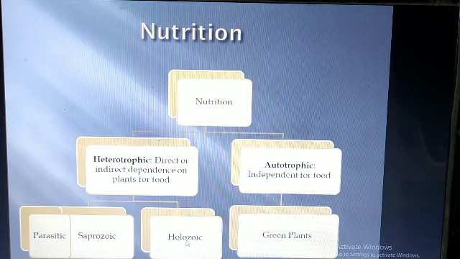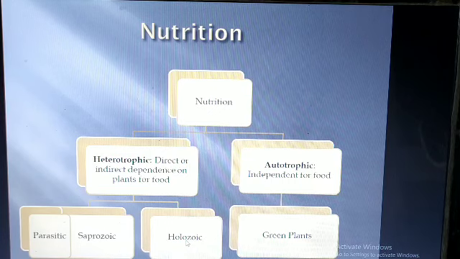But on the other hand, certain living things do not take solid food. They take liquid food. They actually get the food already digested, because food after digestion converts into a liquid state. That liquid food is directly taken by these living things. But it depends upon whether they take it from living things or from non-living things.